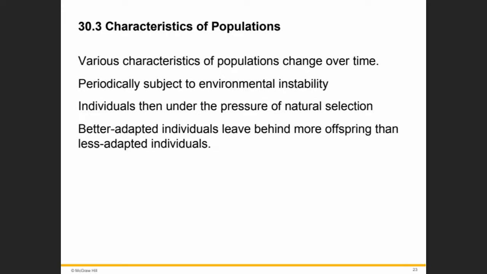And to study this characteristic, we are going to look at the distribution and the density.